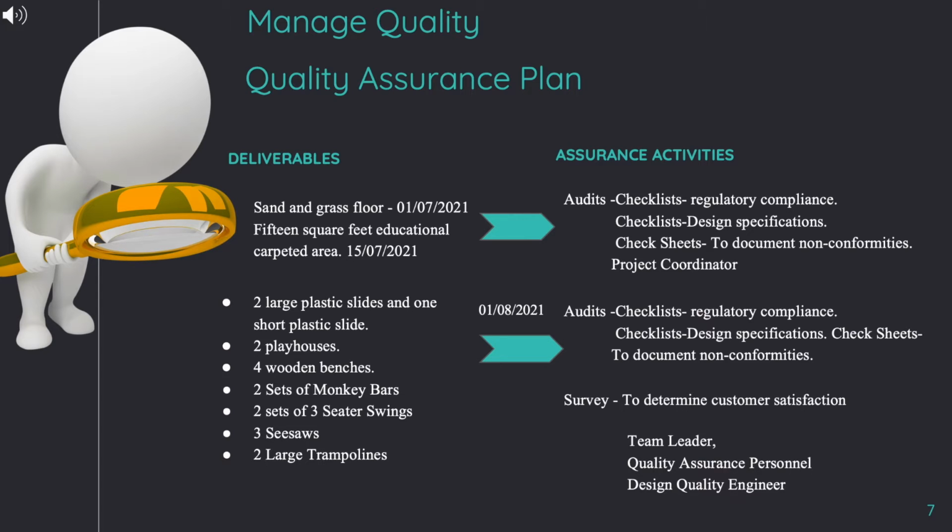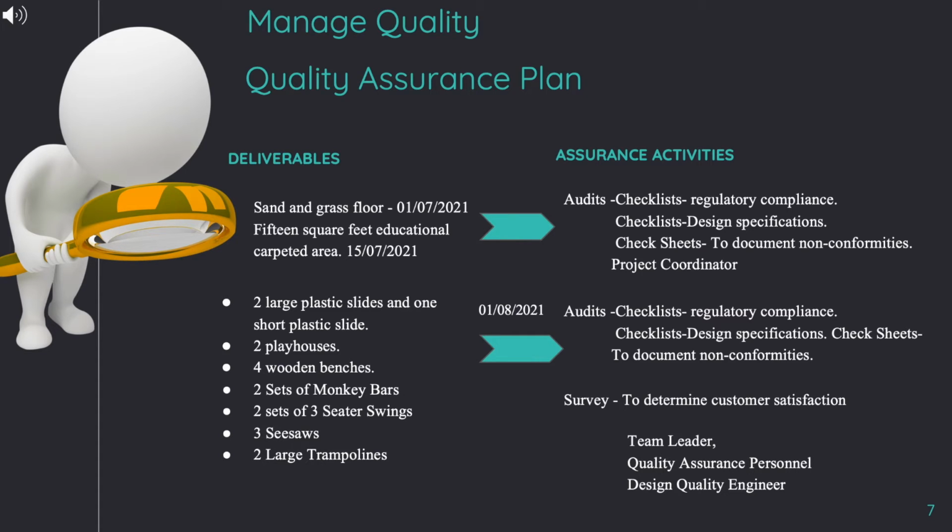Our assurance activities are audits that include checklists, regulatory compliance requirements, checklists, design specification requirements given to us by our client Fisher Price, and the cheat sheet to document non-conformities.